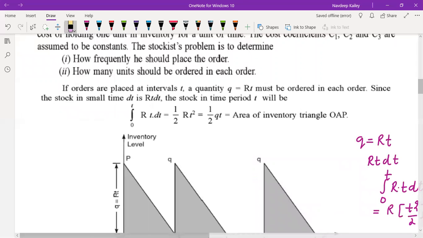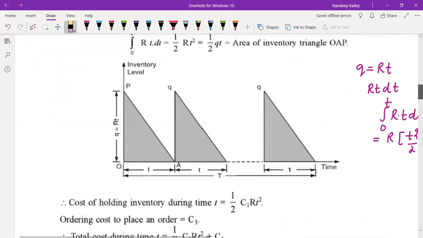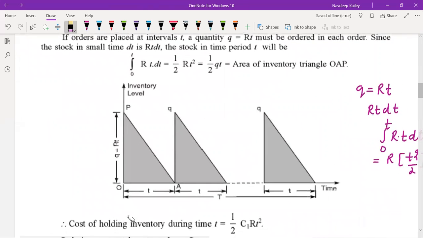I will also discuss this model diagrammatically. These are the time intervals. Small t are time intervals, and capital T is the total time. Q is the quantity placed at time intervals t.